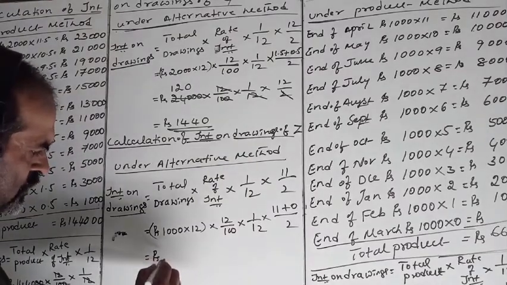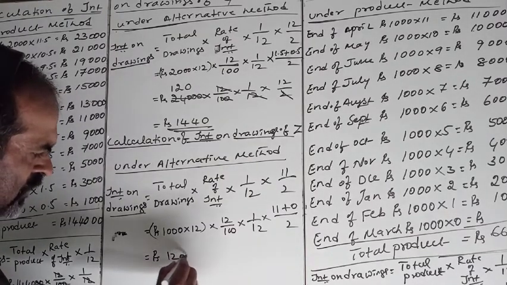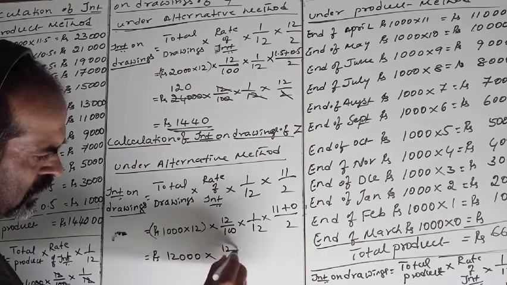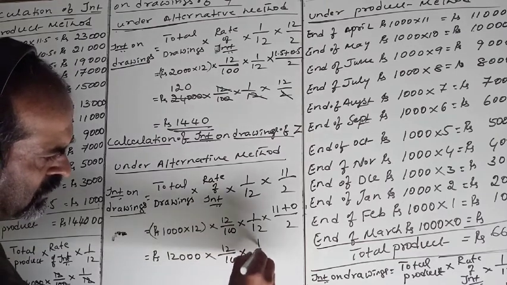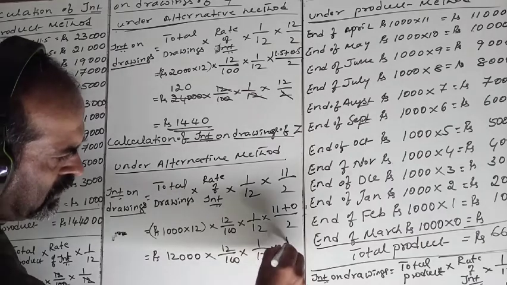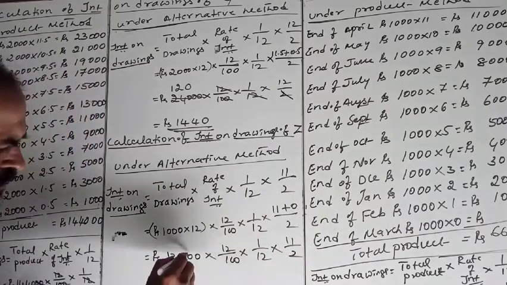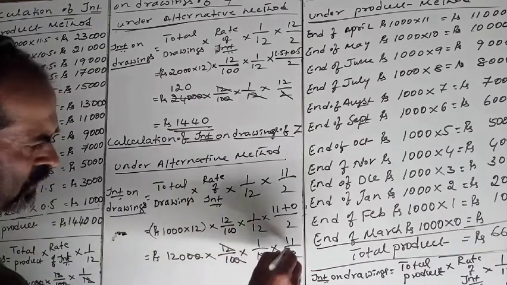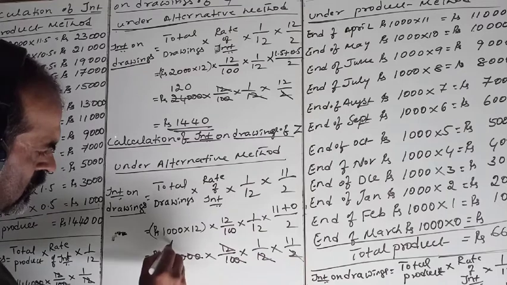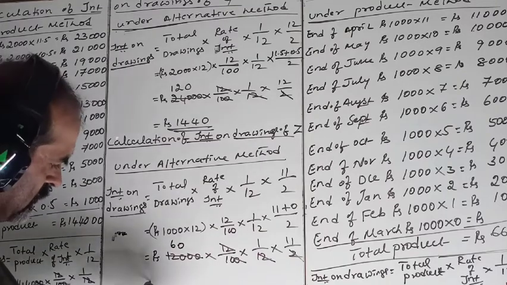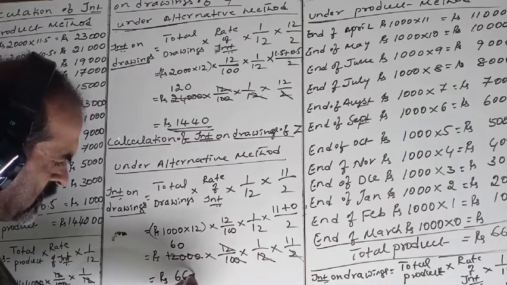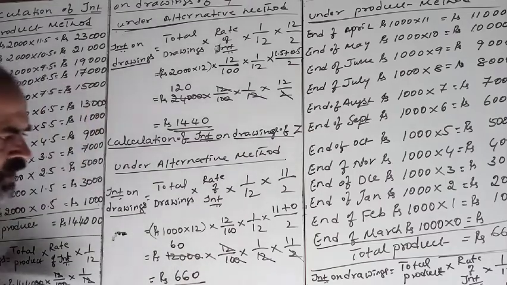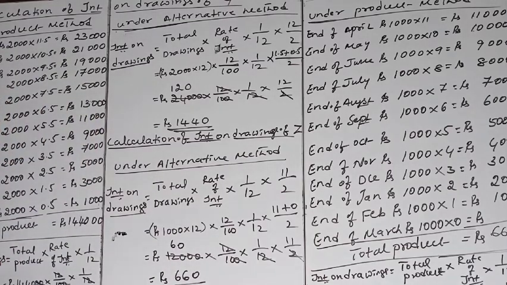The answer comes to 1000 per month for 12 months, 12,000 at the rate of 12%. The 1 by 12, 11 by 2. The 00 cancelled, the 12s are cancelled. From 2 divide, 120, 60. The answer comes to rupees 660. It is the answer under the alternative method. Right? Any doubt in the calculation?